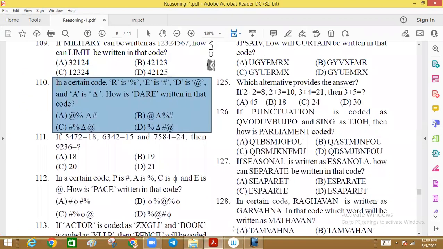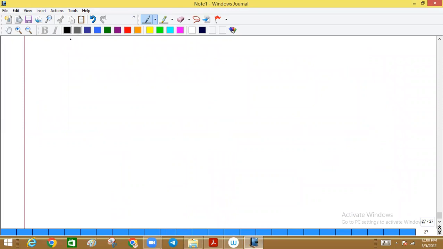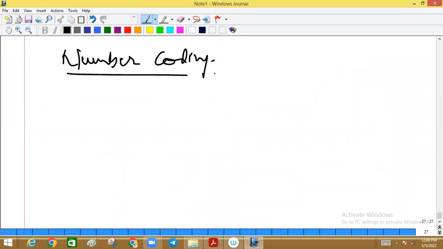Next type. Write down the next type of coding decoding. Number coding. This number coding, he has not been asking for the past 3 or 4 years, but we don't know. It may appear in the exam. It may reappear also. Okay. So number coding.